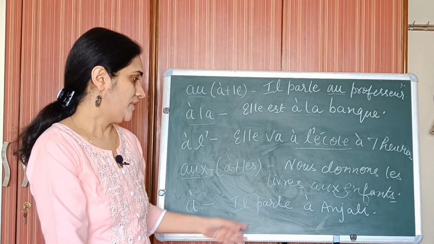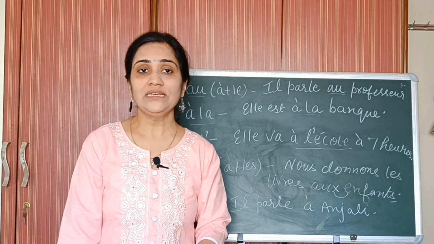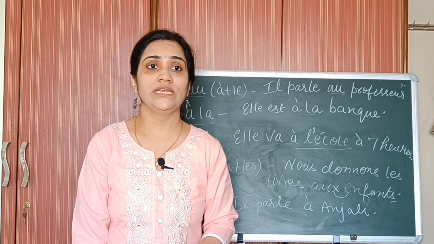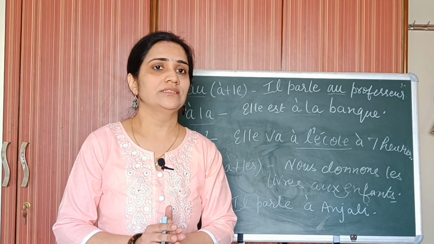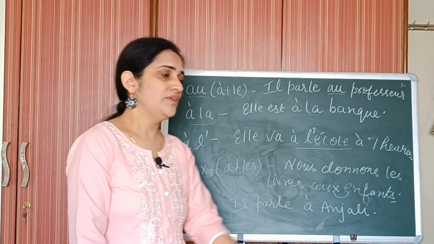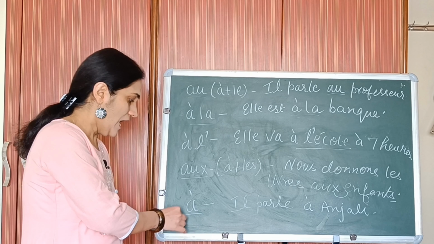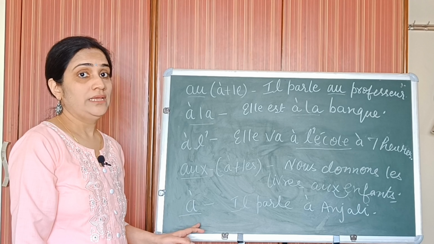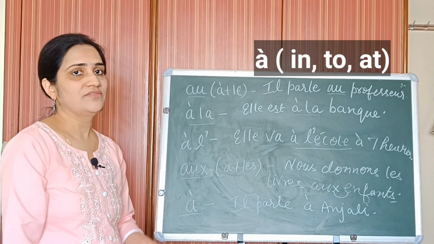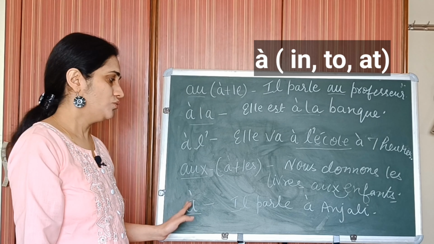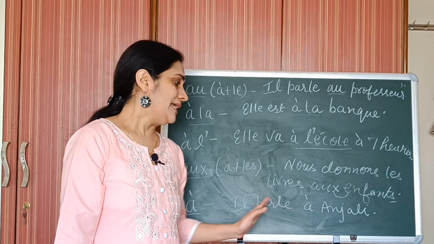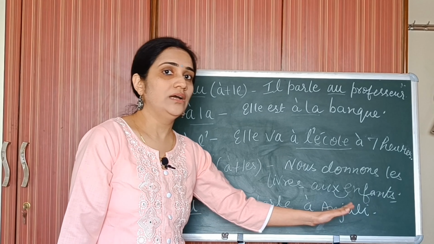Suppose the sentence goes, he speaks to Anjali, he talks to Anjali. So Anjali is a proper noun and it is referring to the name of a girl. Then we have to use only à without any article. Here à is referring to in, to, at, omitting the article. And now the sentence goes, il parle à Anjali.